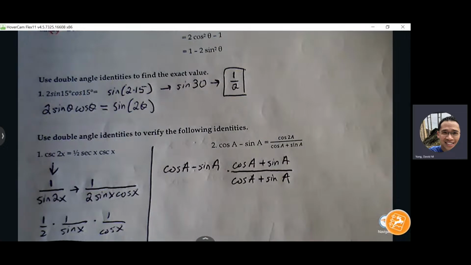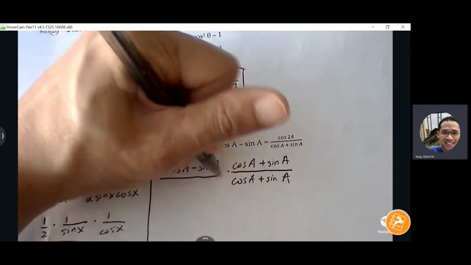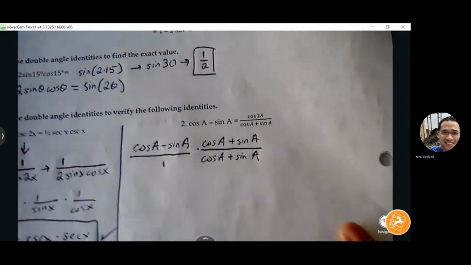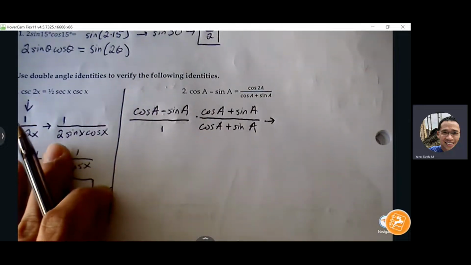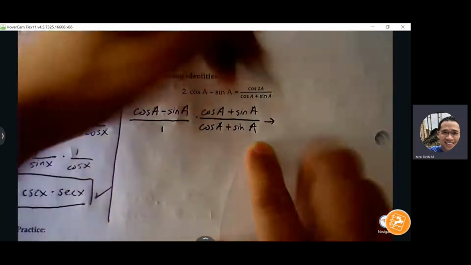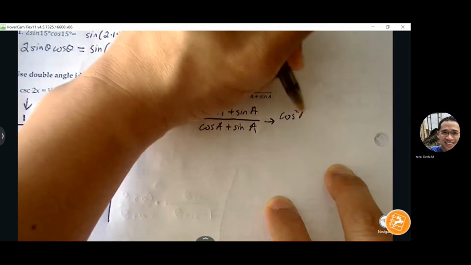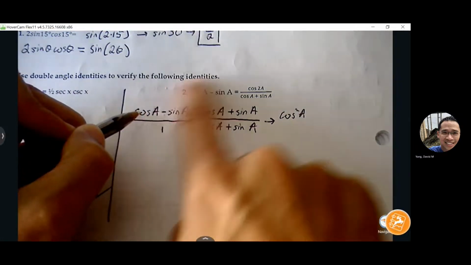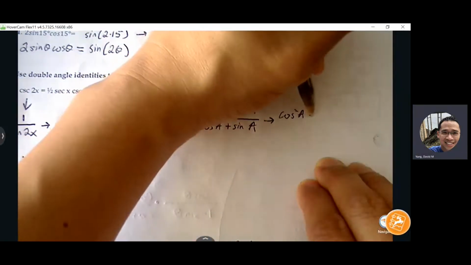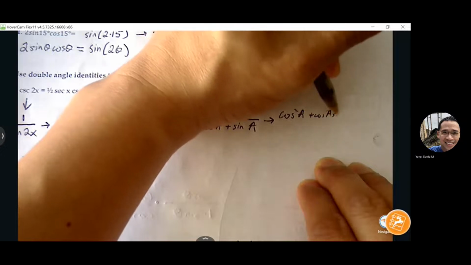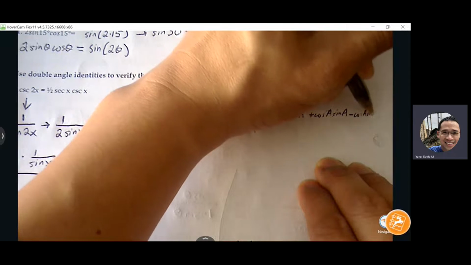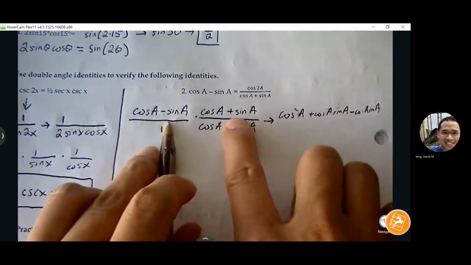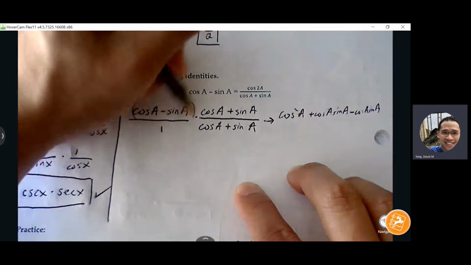All right, so anything I do to one side, I need to do to the other side. So really, it's over 1. Let's FOIL the numerator out to see what we get. If I FOIL that out, I get cosine squared a plus cosine a sine a minus cosine a sine a, and then minus sine squared a.